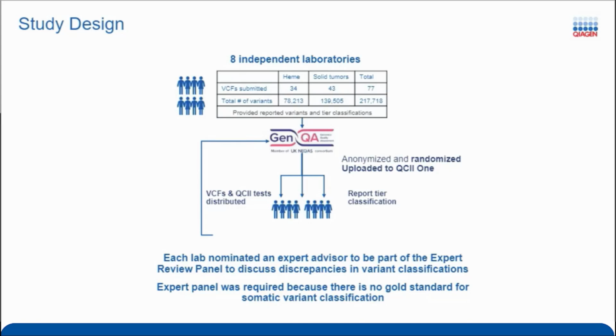I think there's a really good example where most of our variant discordance in the solid tumor cases came actually in one particular VCF file. And that was in the context of a very mutated tumor because it was microsatellite unstable.